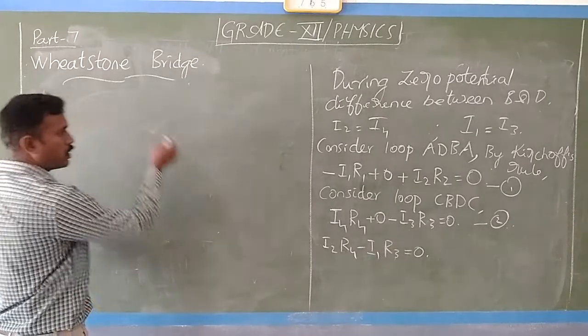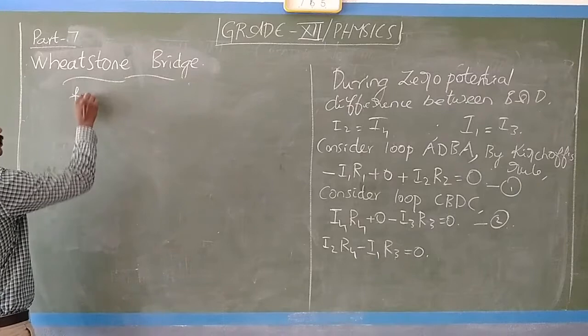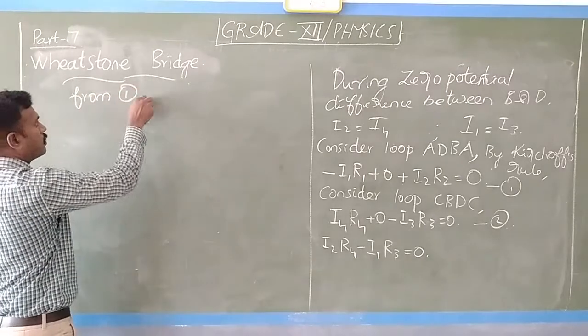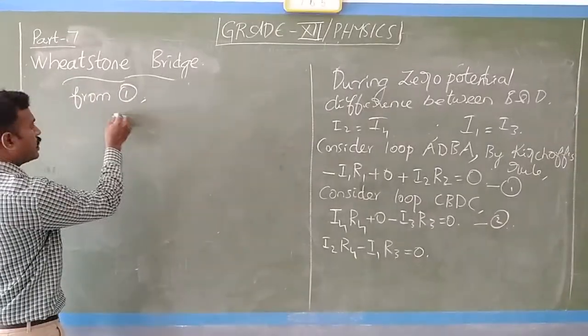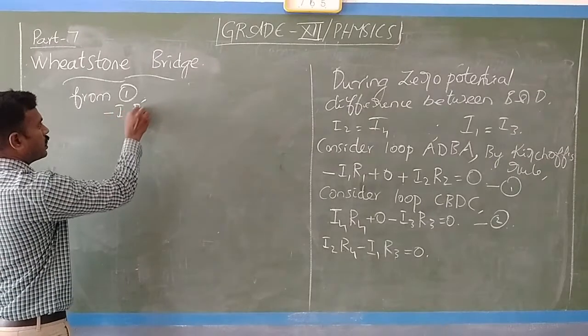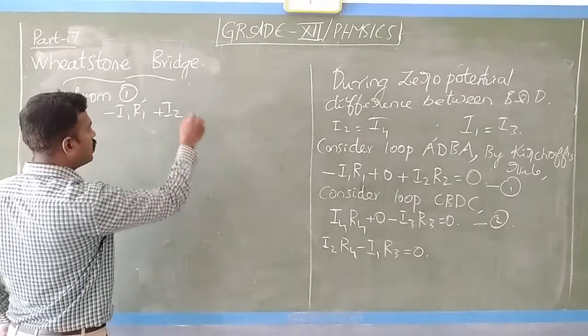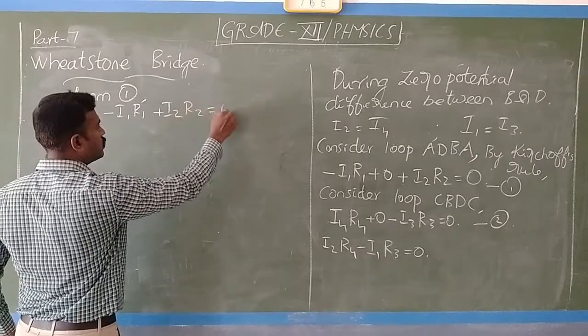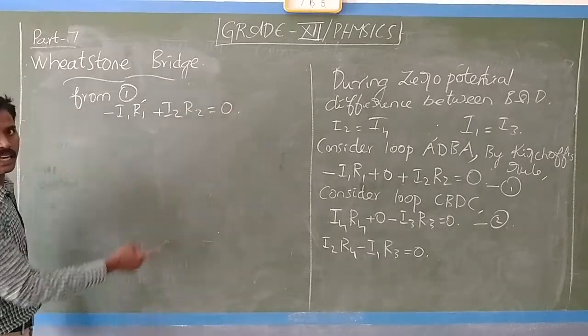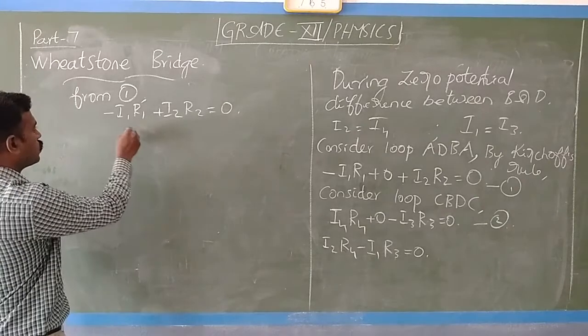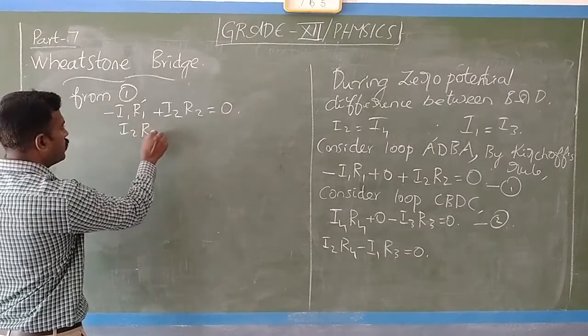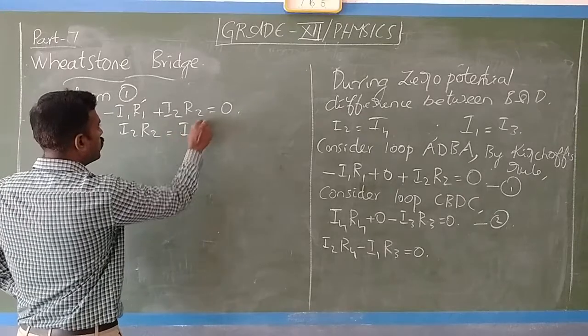From the first equation, what I get is negative I1 R1 plus I2 R2 equals 0. I can rewrite this. So I2 R2 equal to I1 R1.